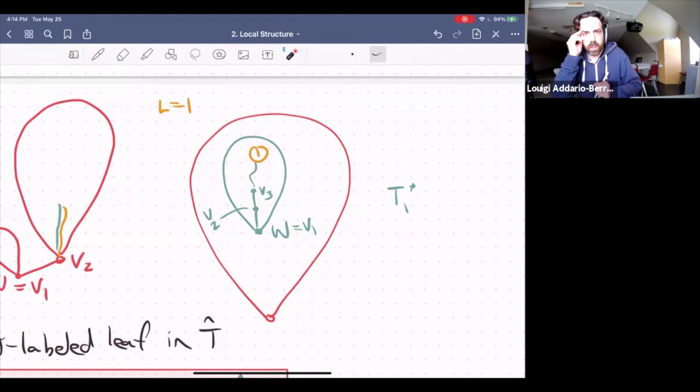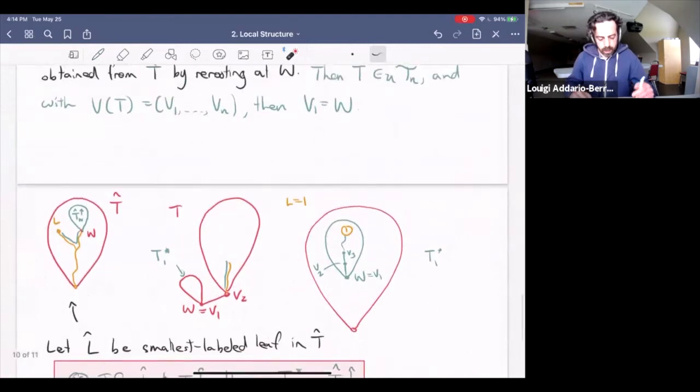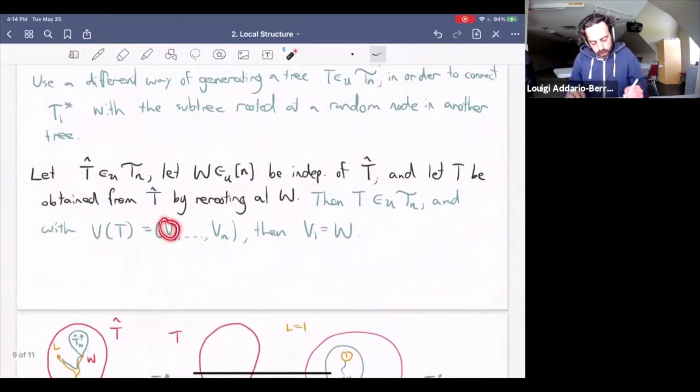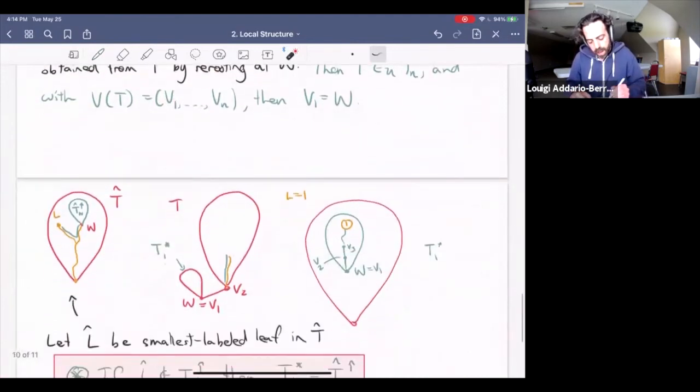That's the thing that goes wrong if the smallest labeled leaf happens to fall in this subtree. In the line breaking construction, the first branch heads toward the smallest labeled leaf, and for this picture to be valid, that line had better not be heading into the subtree that we're trying to extract. It had better be heading away from it.